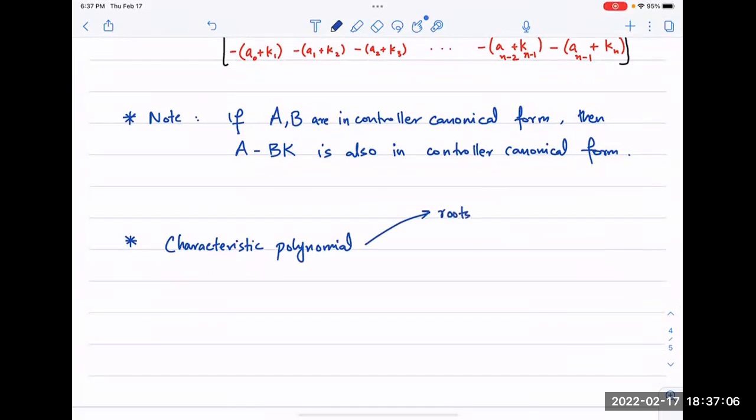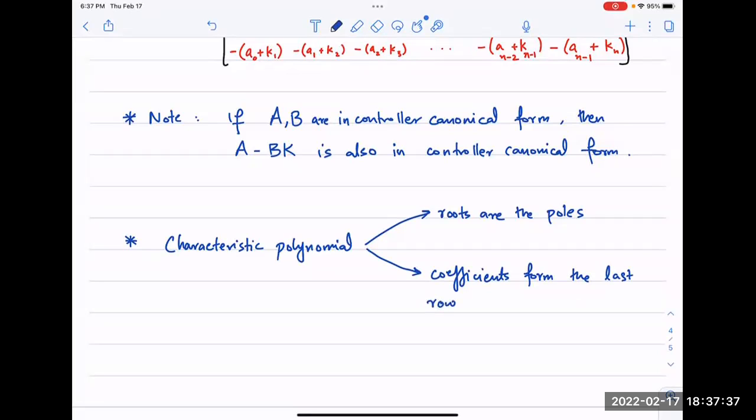Its roots are the poles, and also the coefficients form the last row in the controller canonical form.